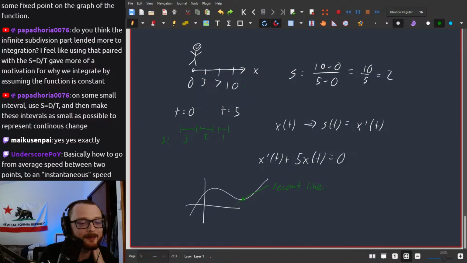It's still, yeah, that could lead to confusion. I think what I said is right, but it's maybe confusing for that possible reason, or it could be confusing depending on the person. Someone interprets things differently. To go from average speed between 2 points to instantaneous speed. Yeah, that's what I was trying to do, underscore.